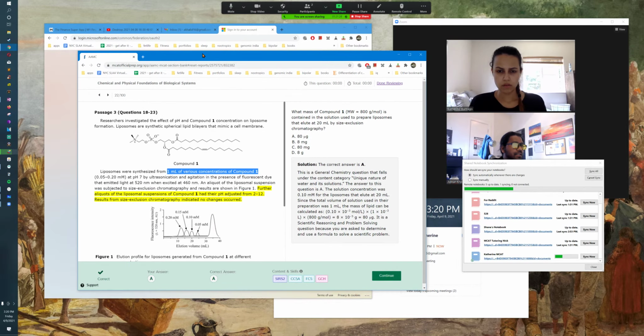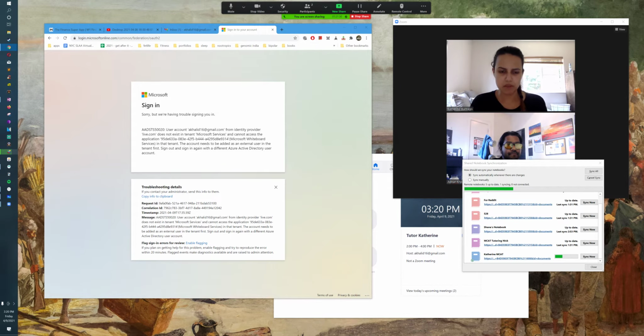Give me 1 second, let me process that. What mass of compound 1 is contained in the solution used to prepare liposomes that elute at 20?